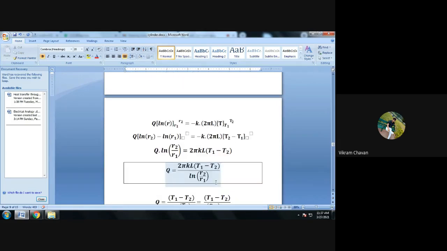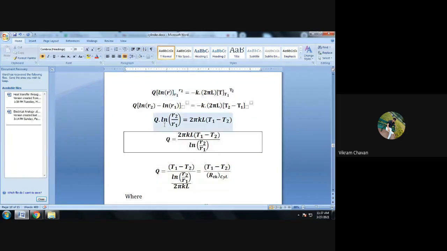Getting everyone? Now once again we have to apply the logarithmic rule. Ln of r2 minus ln of r1 becomes ln of r2 divided by r1. So q multiplied by ln of r2 divided by r1 is equal to, now here we have taken the negative sign inside the bracket, so that minus t1 will become plus t1 and plus t2 becomes minus t2.